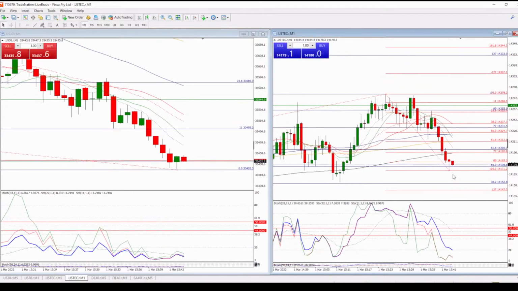Finding support at that 77 of daily USD. Dow finding some support at that 11 of daily.